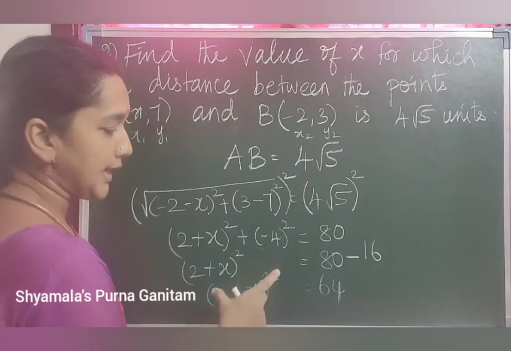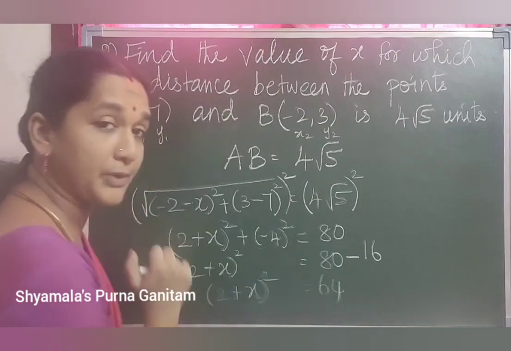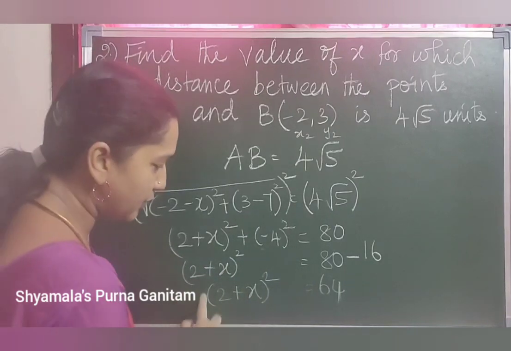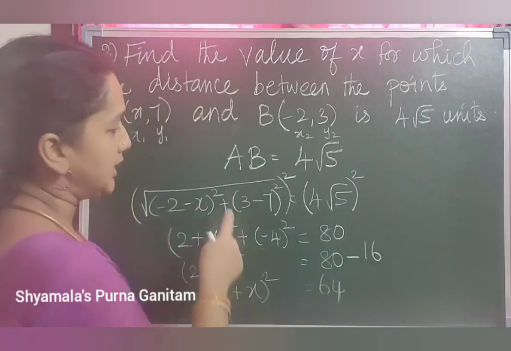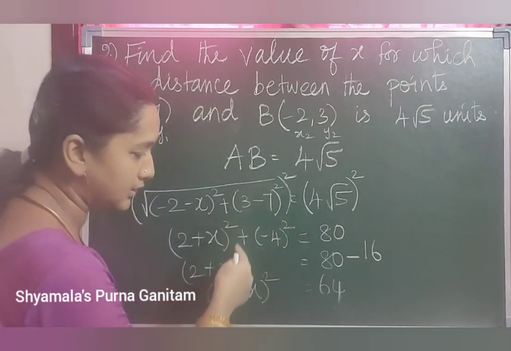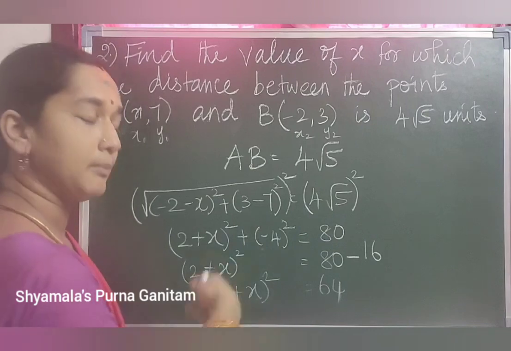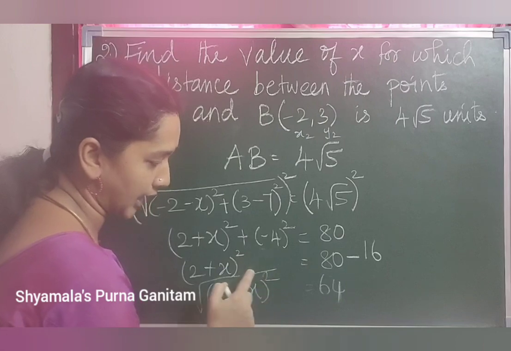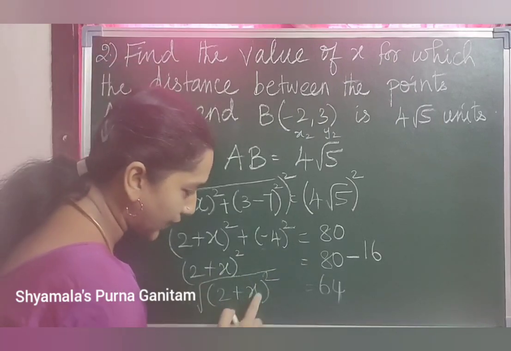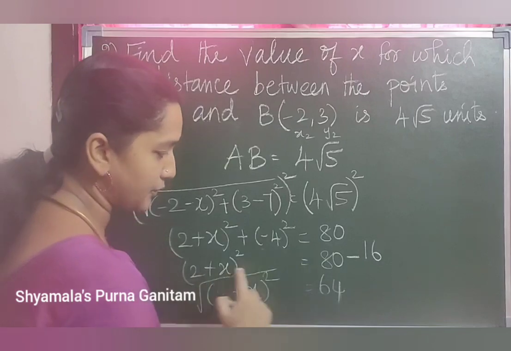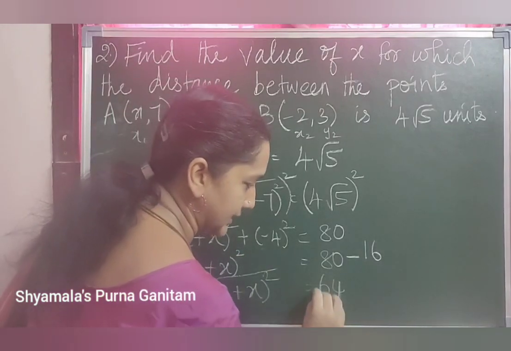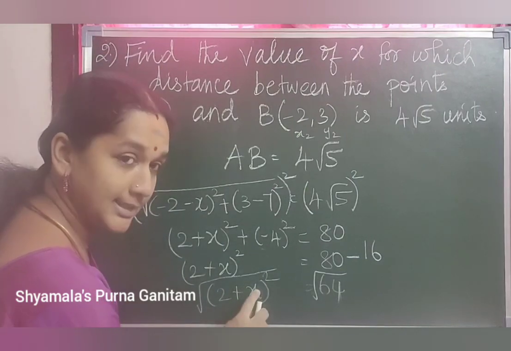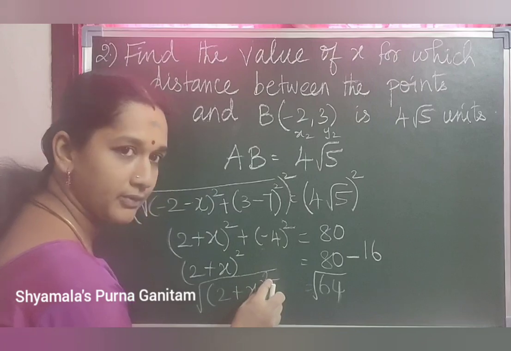You are asked to find the value of x alone, so if it stays like this we cannot find it. We find the square root of both sides again, so that the root and the square cancel and we get 2 plus x alone. Since we are finding the square root of this side, we do the same for the RHS.